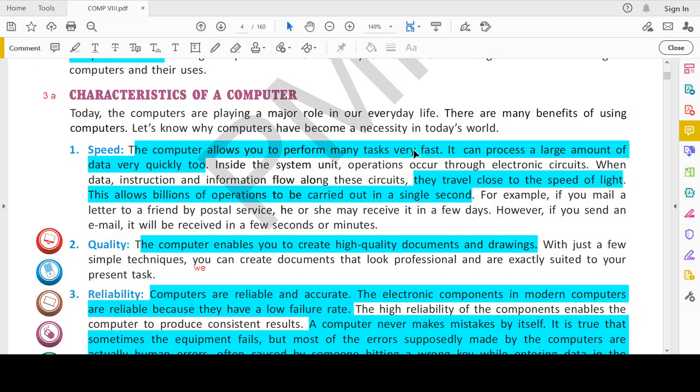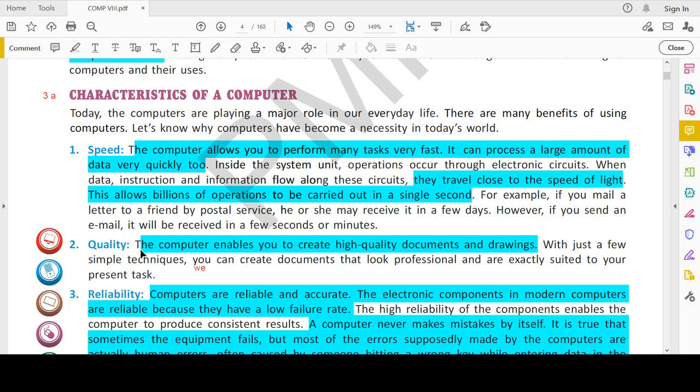I can calculate the average of the classes. Not only one class, not only for class 8, I can calculate it for more than 10 or 50 classes within just a minute. So that will not be possible by human effort. So that is about speed.